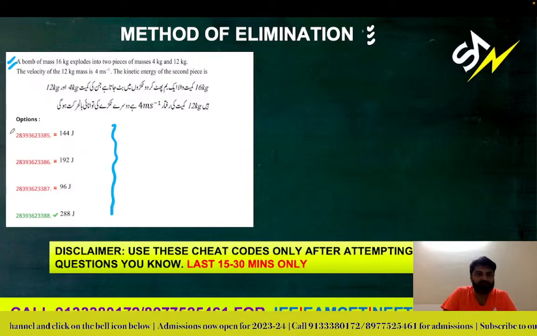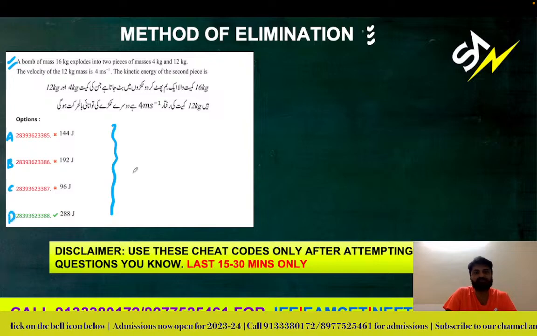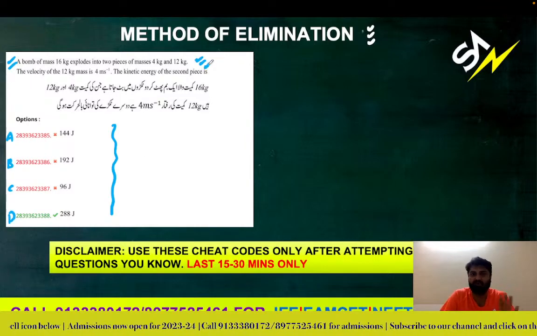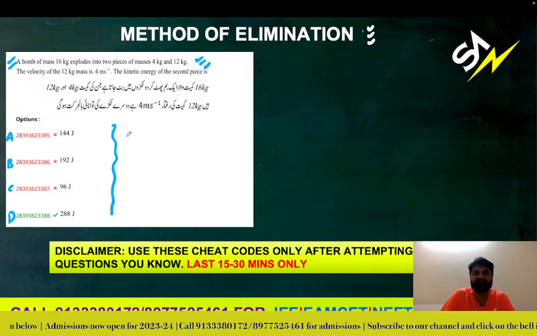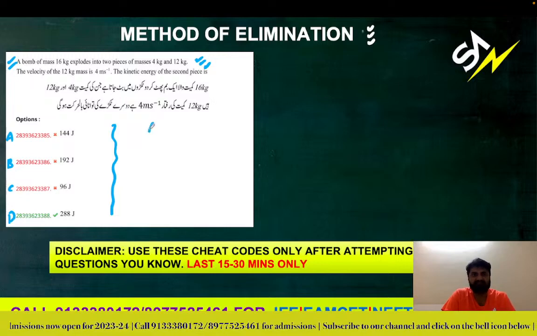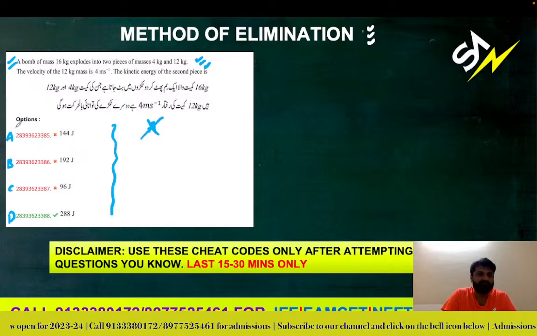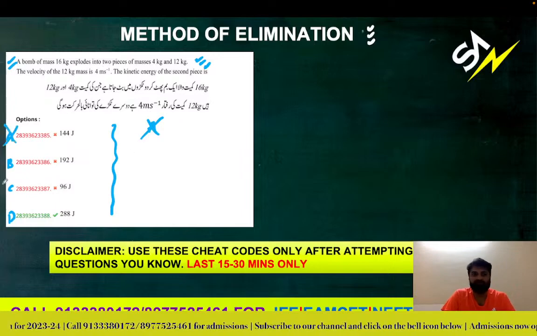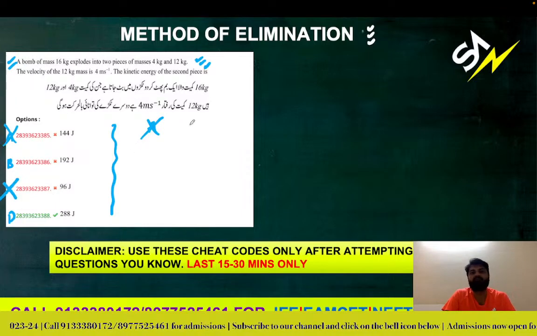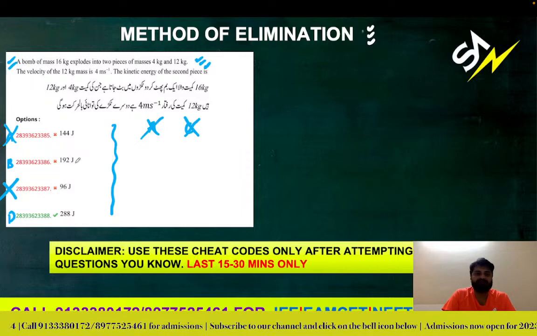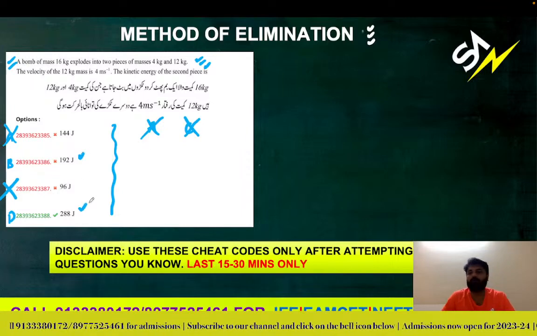There are four options: option A, option B, option C, option D. Let us say you solve this question and you are stuck with two options. Let us say you know that option A is not correct for sure, and option C is not correct for sure. Then you are left with only two options.